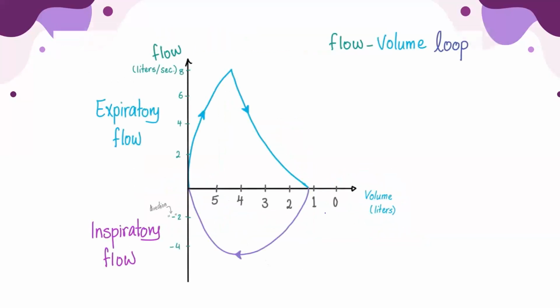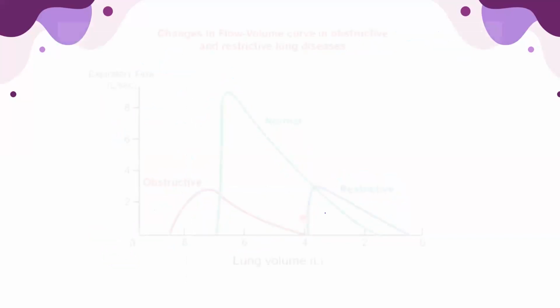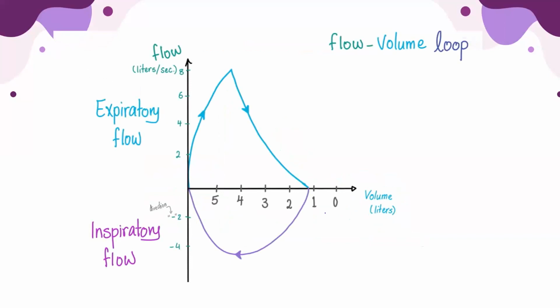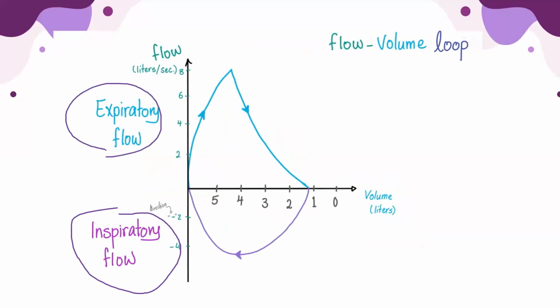This is a variation of this flow volume curve. The difference is that they're showing you inspiratory flow here as well. Over there, they're only showing you expiratory flow. In this graph, they're also showing you inspiratory flow.